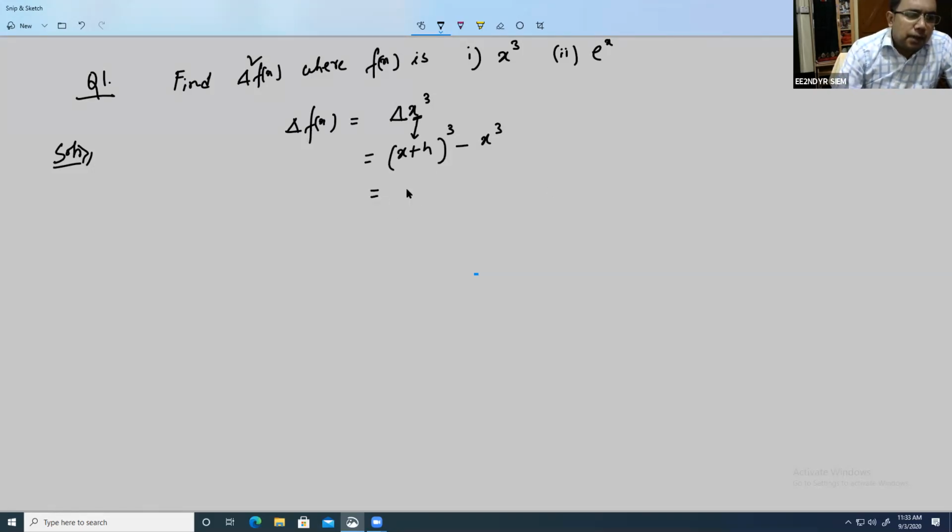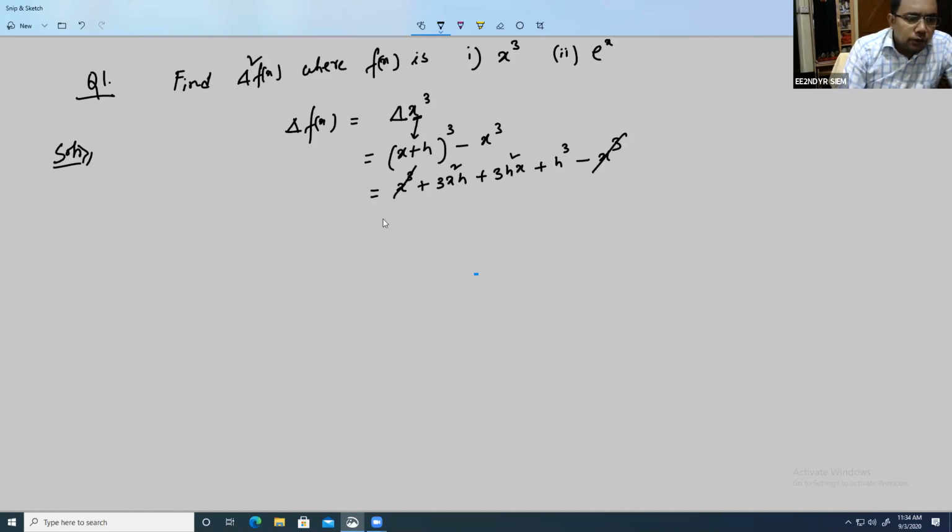Now look at this, a plus b whole cube. Here, x cube plus 3x square h plus 3h square x plus h cube minus x cube. So look at this, x cube will cancel out.